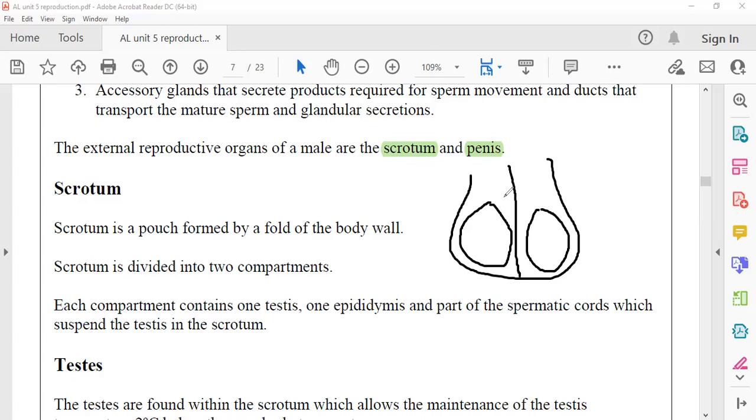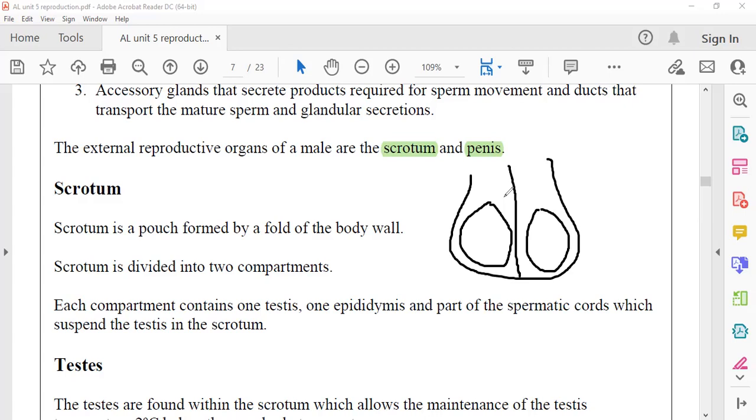In the male, it is the testis; in the female, it is the ovary. The ovary is inside the body, but the testis is situated outside the body cavity, inside the scrotum.